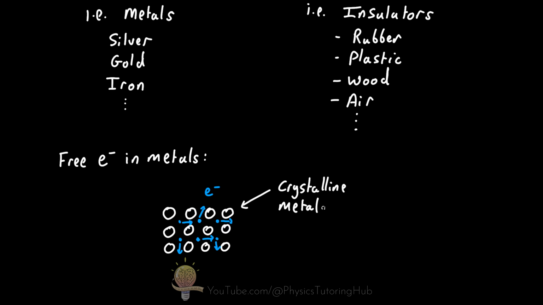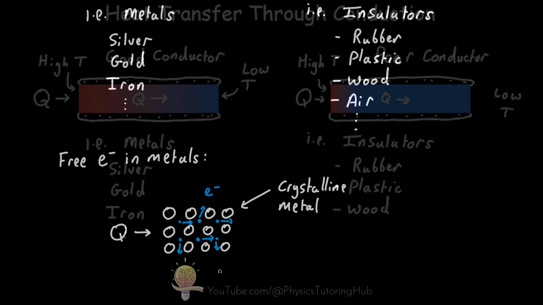When these free electrons absorb heat energy, they gain kinetic energy and move much faster. And their kinetic energy can be transferred to the metal atoms, making them vibrate more vigorously. And these vibrations pass from atom to atom, transferring heat energy in the process.